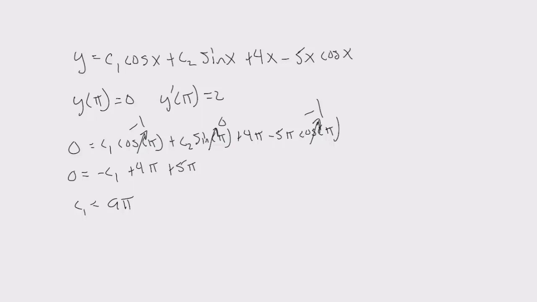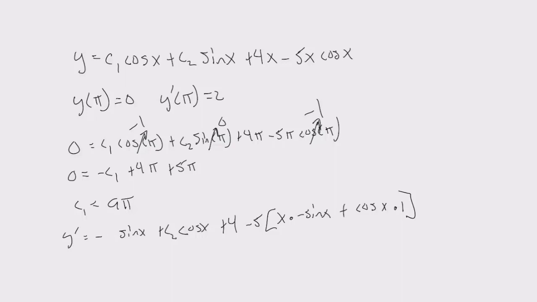Then to apply the second initial condition, I need to know what the derivative looks like. So y prime equals negative c1 sine x plus c2 cosine x plus 4 minus 5, and we'll do x times negative sine x, and then cosine x times 1. And then we'll put in y prime of pi is equal to 2.